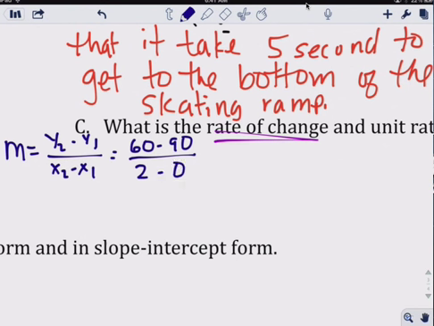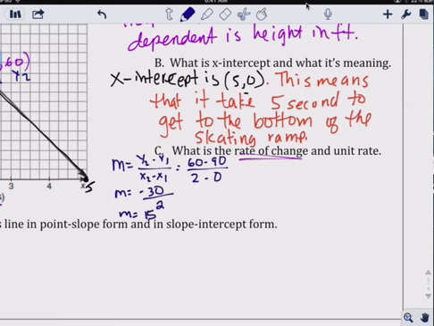So this is negative 70, isn't it? No, negative 30. What am I thinking? M equals negative 30 over 2. So my slope is 15 feet per second.